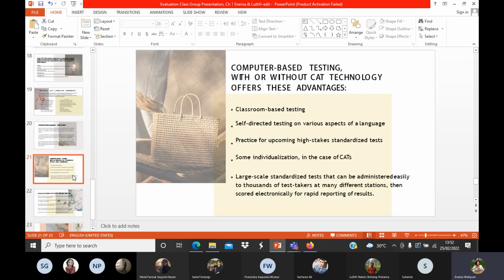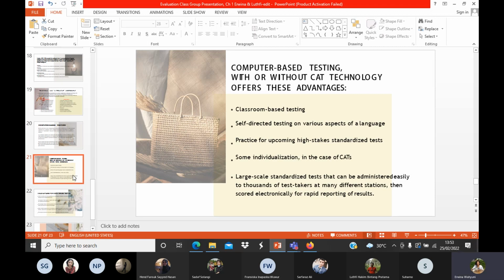There are advantages and disadvantages about this CAT. The first advantage is that it is very classroom based, so it relates closely with what is going on in the classroom. I think the test taker will be more familiar.